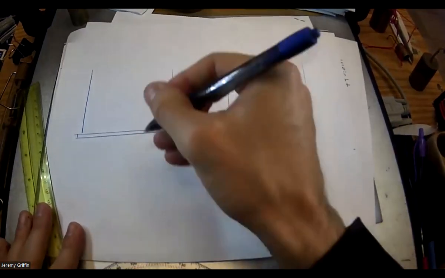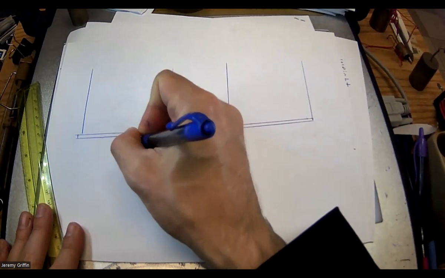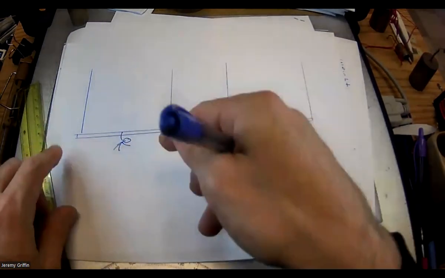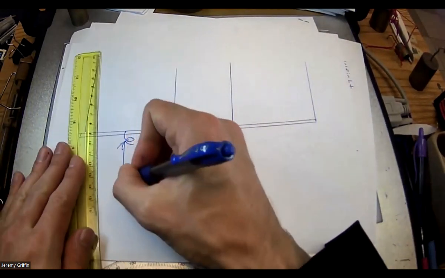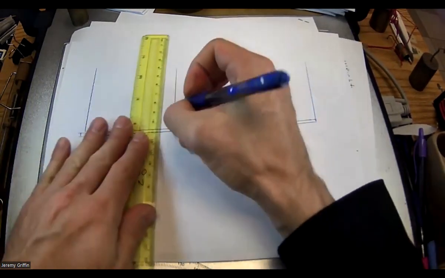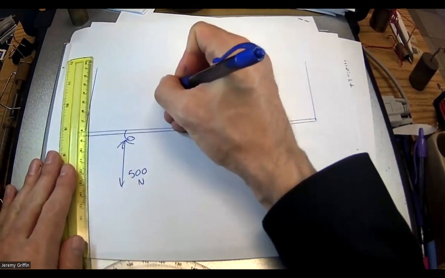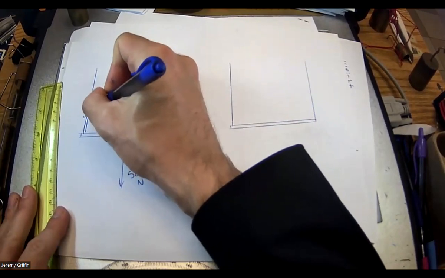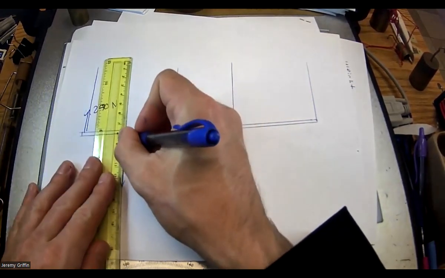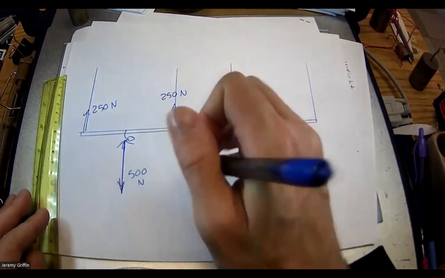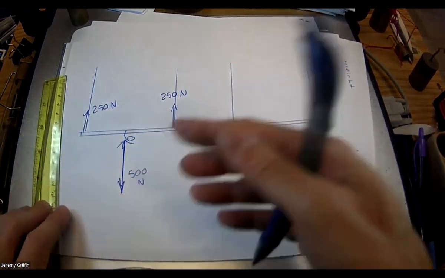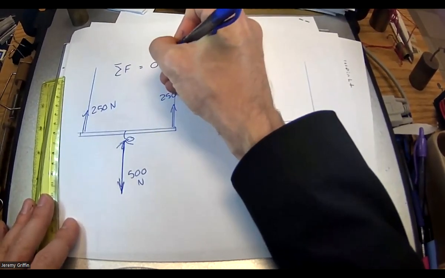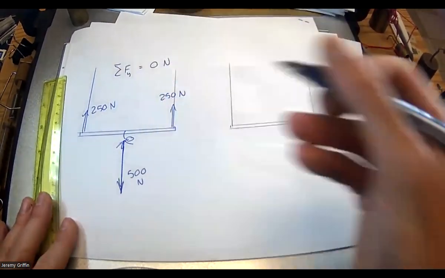If he was hanging right at the middle, then his weight splits half and half. So if he's 500 newtons weight, up here it's going to be 250 newtons, and here it's also going to be 250 newtons. So 250 up, 250 up, 500 down, they balance out. The way of saying that is that the sum of the forces is equal to 0 newtons, or the sum of the forces in the y direction is 0 newtons.